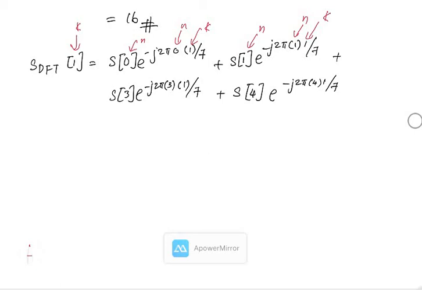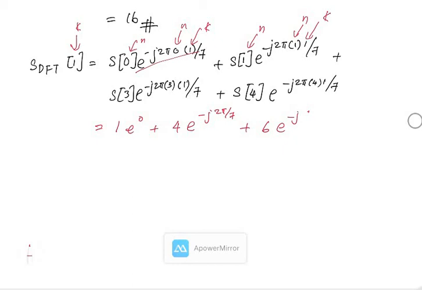So next, I simplify it. So 1 exponent 0, because this part is 0. And then plus 4 exponent minus j2 pi over 7. And then plus x3 is 6 exponent minus j. Where is my x2?